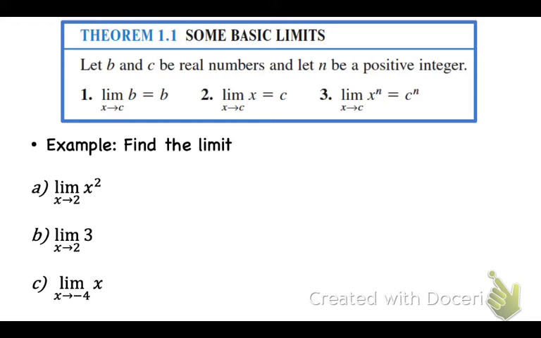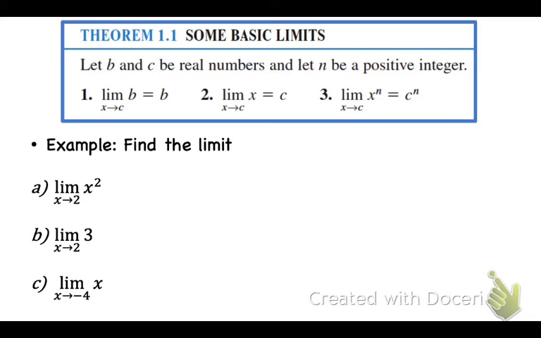Got it? Okay, so let b and c be real numbers and let n be a positive integer. That's all we have. So it says the limit of b as x approaches c. Well, there's no variable with b, is there? It's just a constant. So the answer is b. If you have the limit of b as x approaches some constant, the answer is b. No other choice.